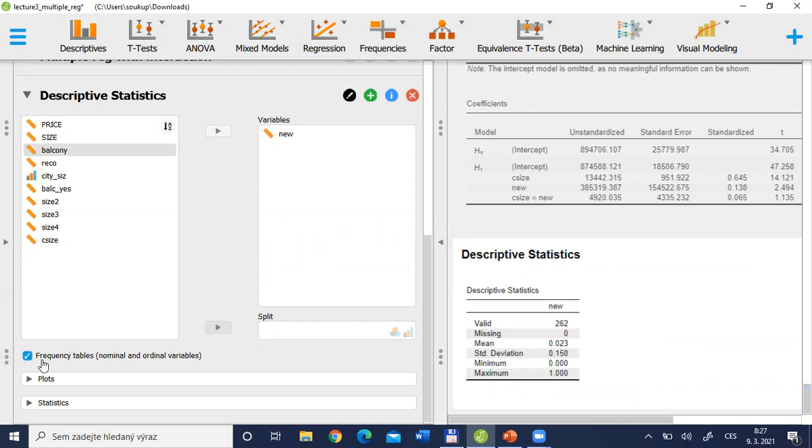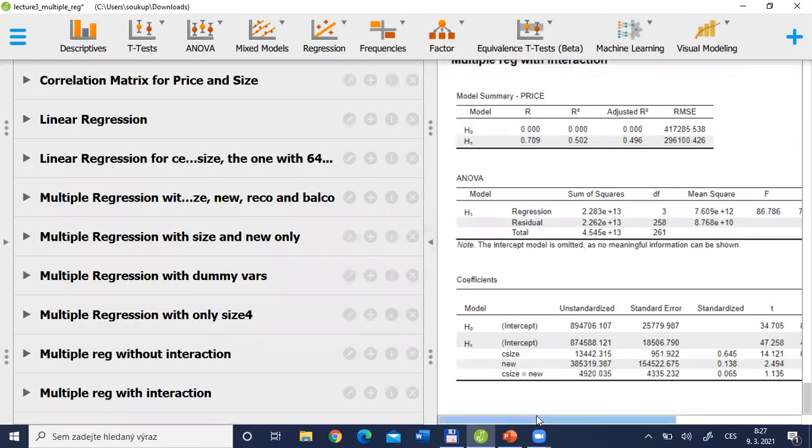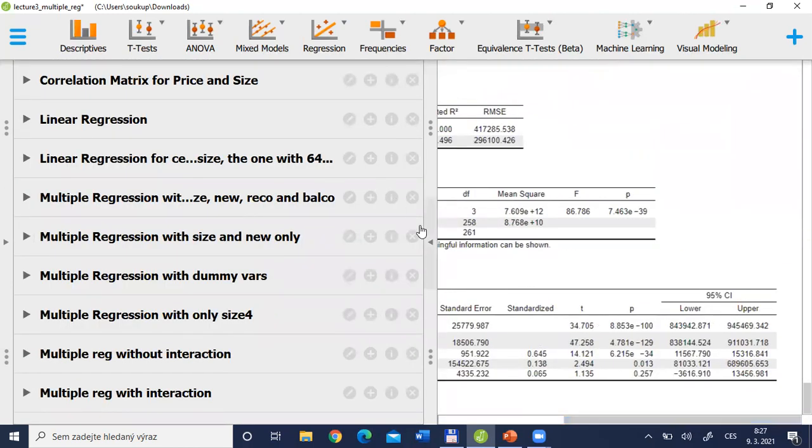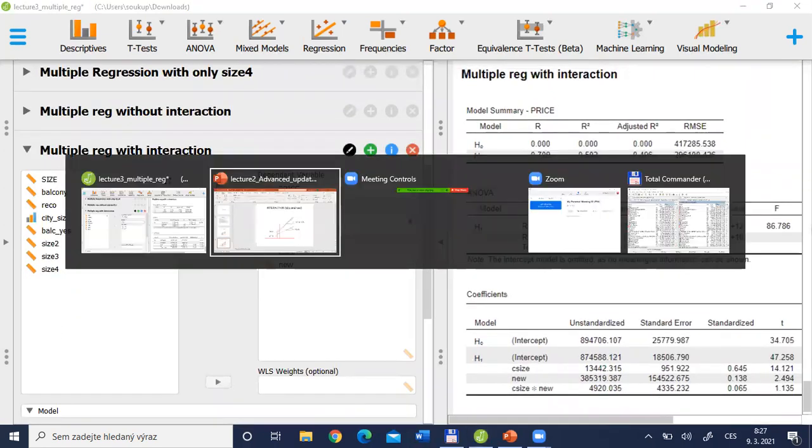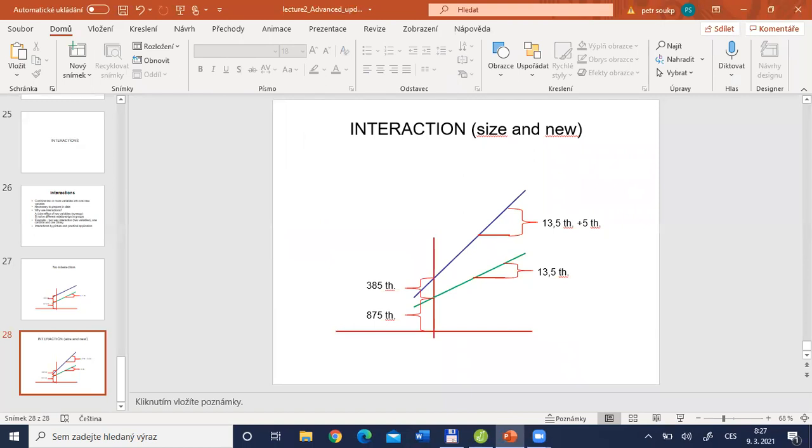Sorry, for variables that are not cardinal it wouldn't show this picture. But if I remember well, there are approximately 5, 6, or maybe 7 new flats in my data, and that's why my result is not very reliable, and that's why I cannot generalize this result about interaction to the whole population. So that's the final result.